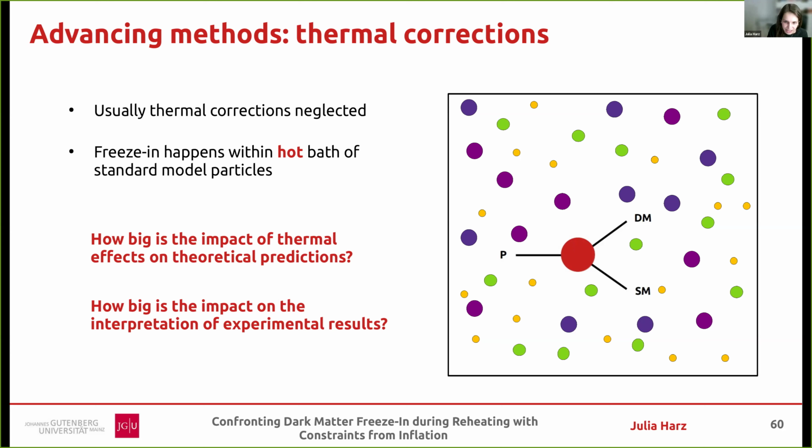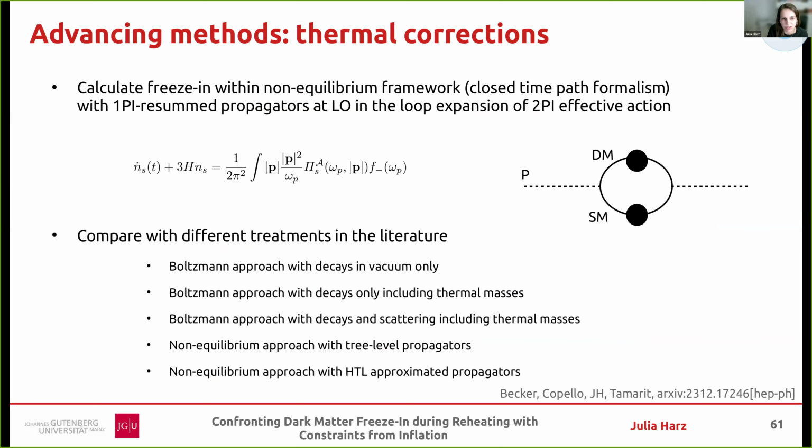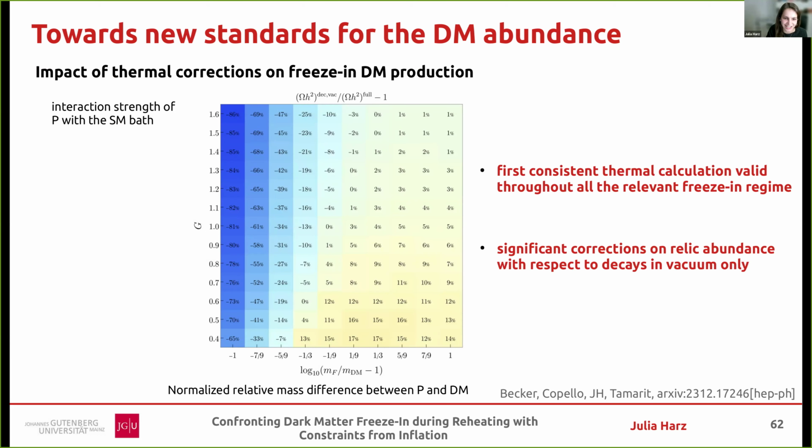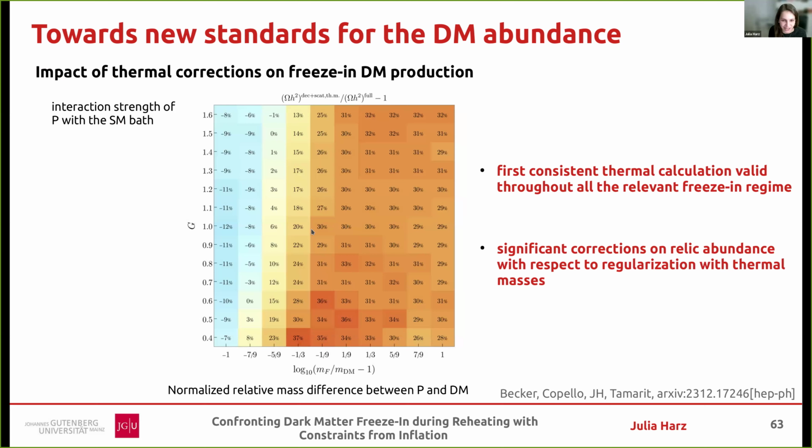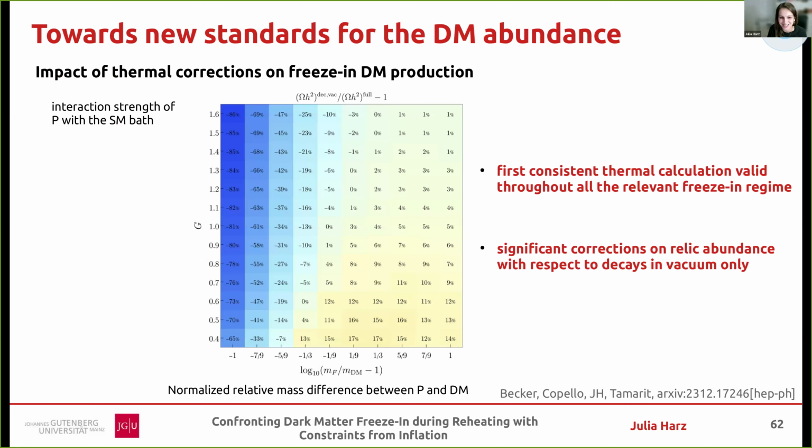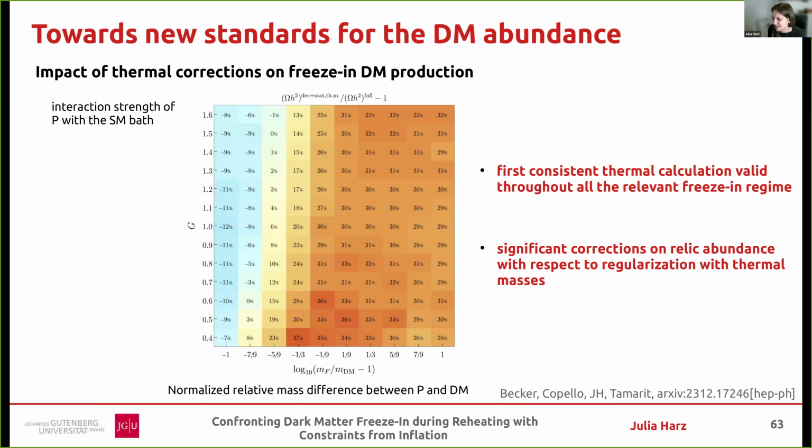In a very recent work, between Christmas and New Year, we put it on arXiv, we wanted to see, if we do this in a proper calculation, not only semi-classical Boltzmann, how big the effect of thermal corrections can be. As a teaser, they can be large. For instance, up to, depending on what you compare, 30 or 80%. I hope this makes you curious enough to look into the paper.